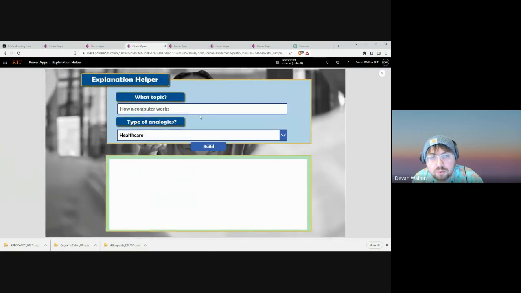Another tool that I developed was this explanation helper tool. One of the things I frequently encounter in the classroom is that I'll be teaching some sort of introduction to computer science class, and I will frequently have a lot of students from different majors outside of computer science.